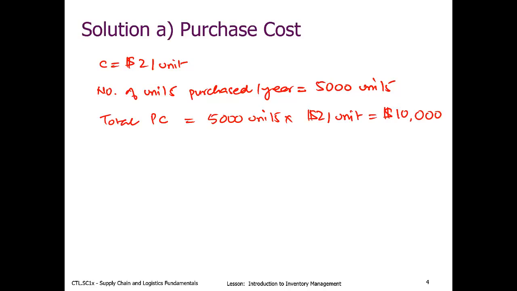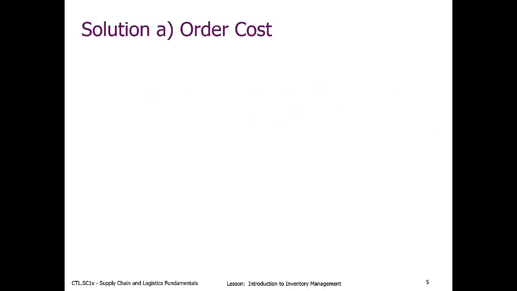Let's move on to the ordering cost. So what has been given to us is the cost of transaction, or to place a single order. It costs $100 to place an order. How many orders do we make in a year? How do we calculate that? Well, we know the demand is 5,000. We order in batches of 500.